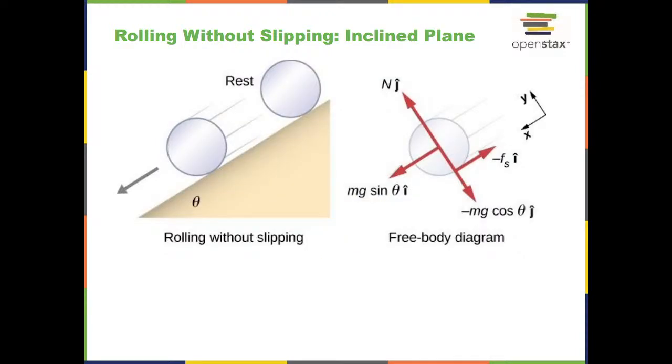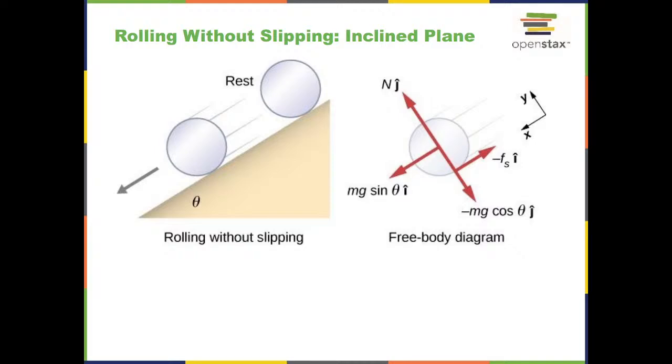Okay, so now let's make it a little bit more complicated. What we're going to do is immediately apply this to an inclined plane. We're going to take an object that is rolling without slipping down an inclined plane with an angle theta with respect to the horizontal.